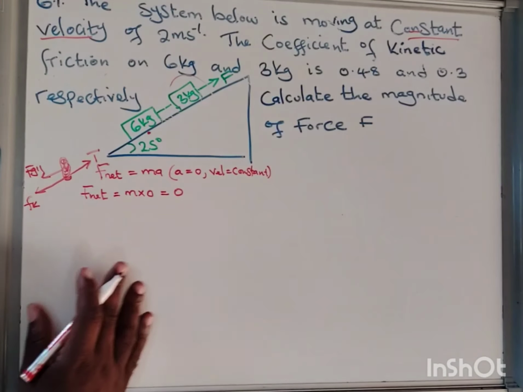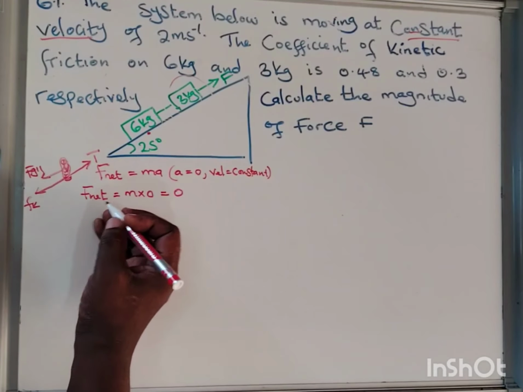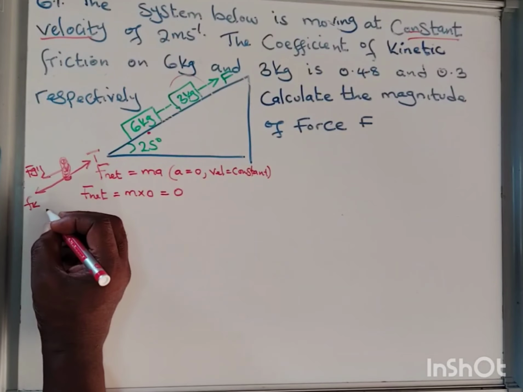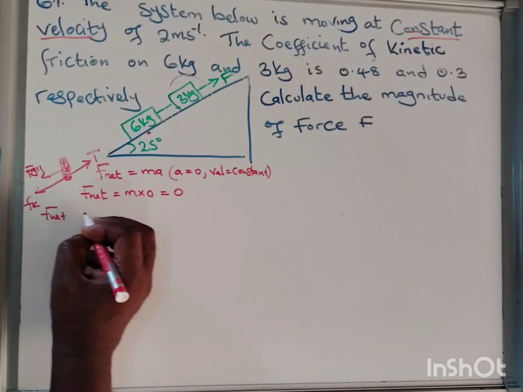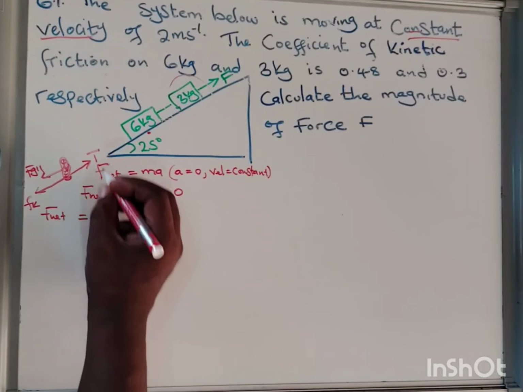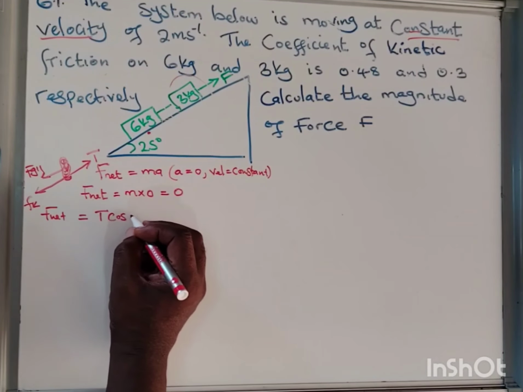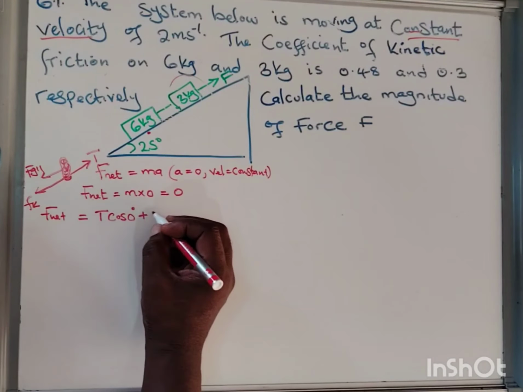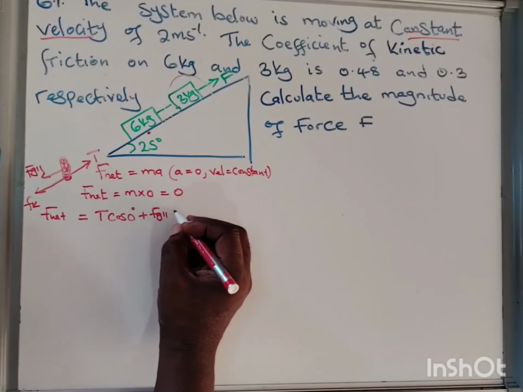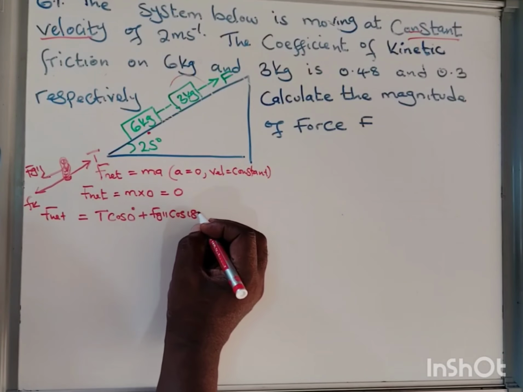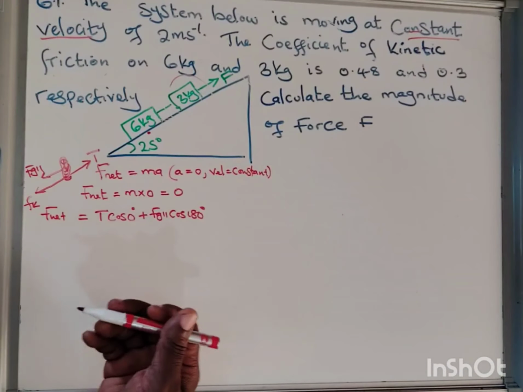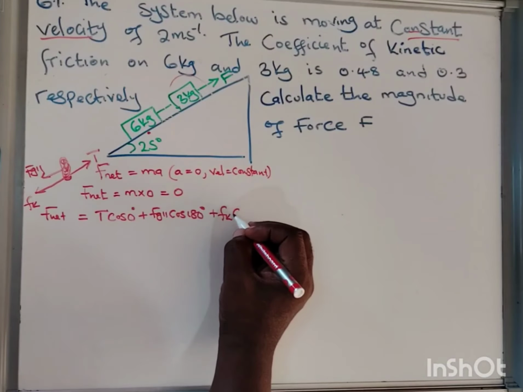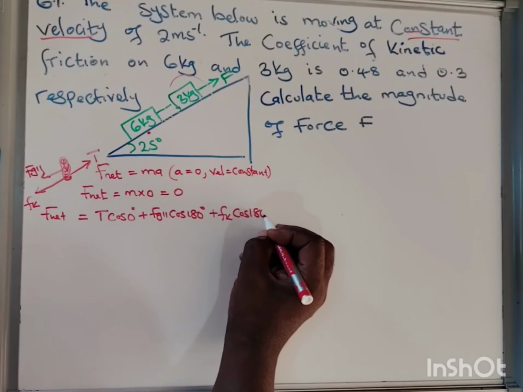Then you have to get your net force in terms of the individual forces. F net is equal to T cos 0 degrees, because it's in the direction of displacement, plus Fg parallel cos 180 degrees, because it's acting opposite to the direction of displacement, plus Fk cos 180 degrees.